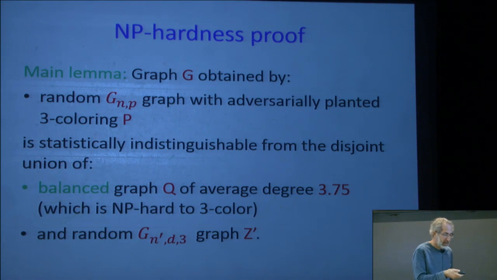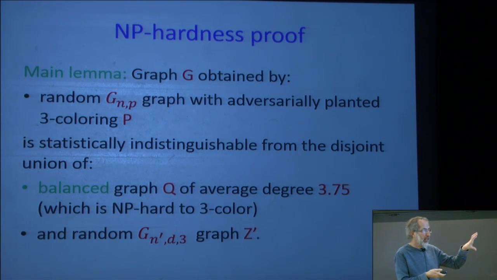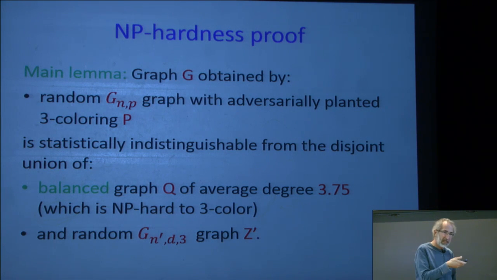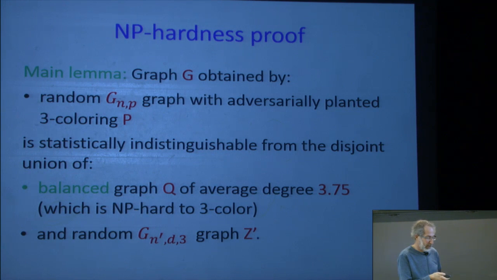It started from something different. So there are certain conditions, let's call them a sanity check, that you have to verify about Q, about its degree, which has to be between 3 and 4. And after that, you need to prove that these two different distributions are statistically indistinguishable, and that's the difficult part.